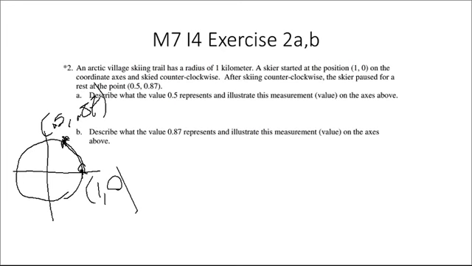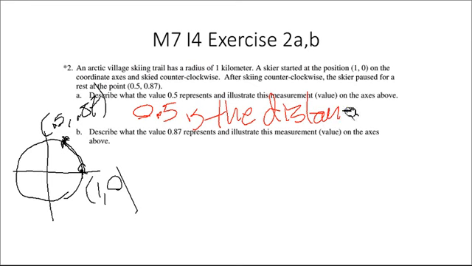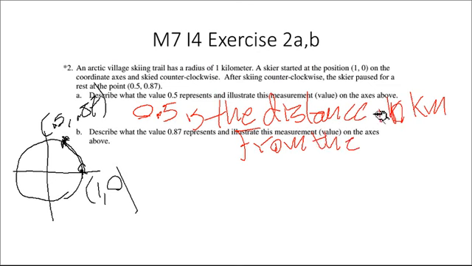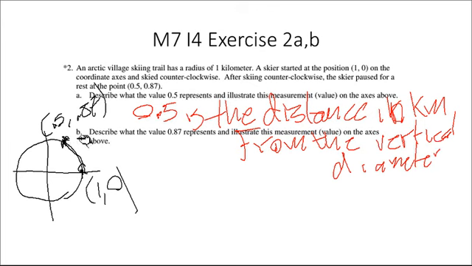I've drawn them here. 0.5 is the distance in kilometers from the vertical diameter, right? That is just our x coordinate, and it is just this distance.